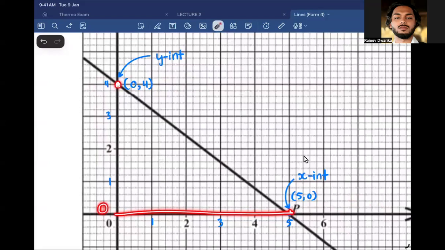What's the y value for this point? 4. What is the change there? We started off at 0, but we went to 4. What was the change in y?